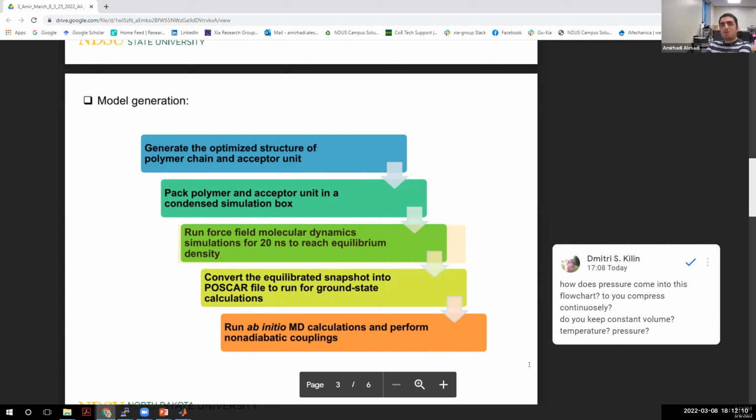It's a good question. No, I think the second is not the case here. In force field molecular dynamics, the system is trying to adjust its volume and its temperature based on the Boltzmann equation.